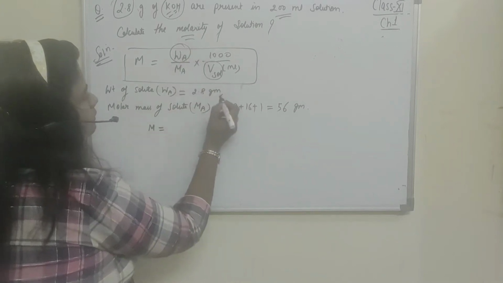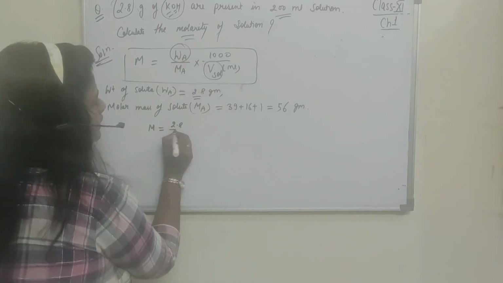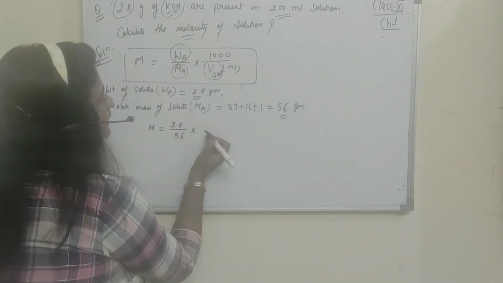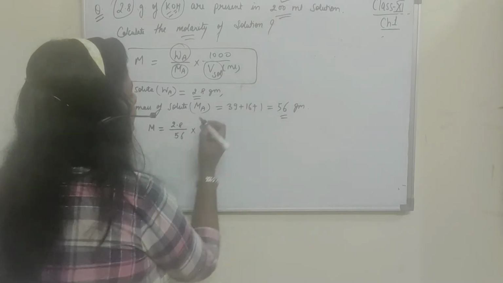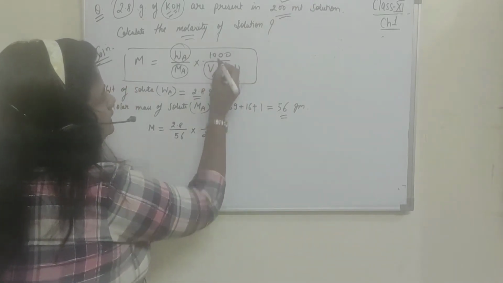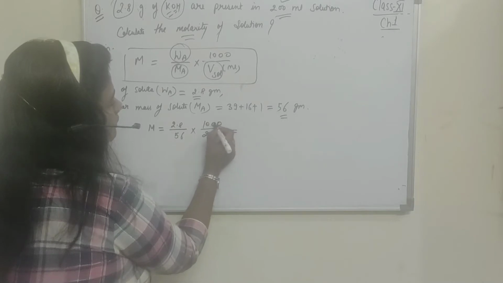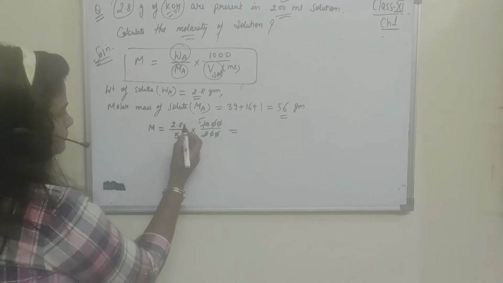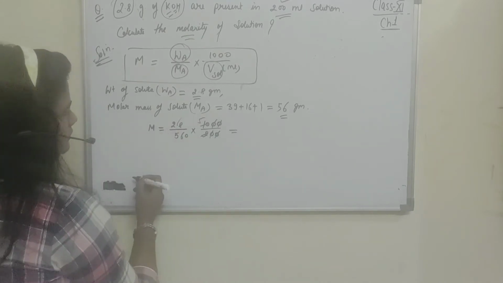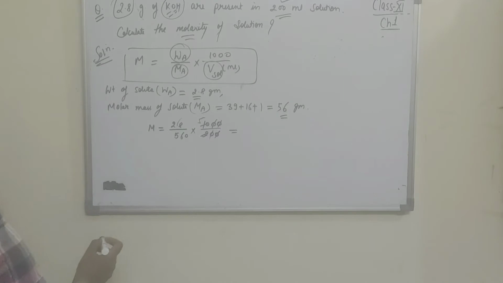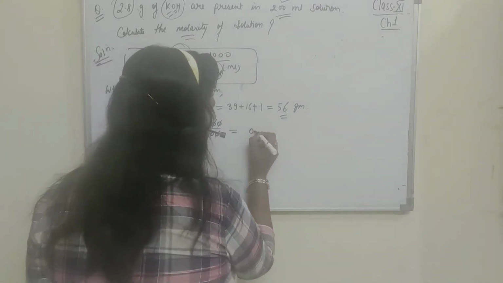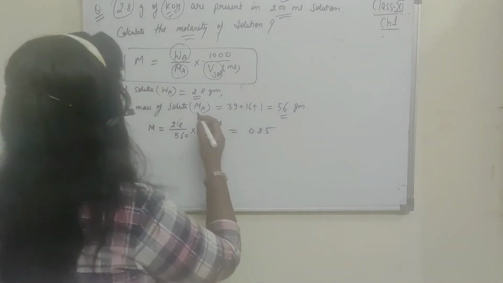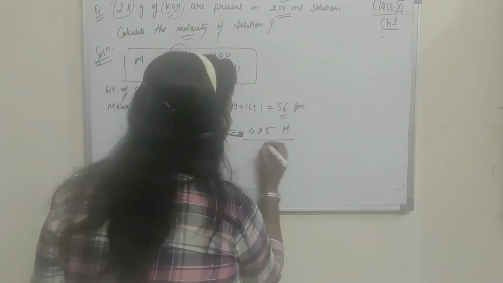So we will write the formula here. Capital M is equal to WA, value is 2.8, divided by MA, which is 56, multiplied by volume of solution, given as 200 ml, and multiplied by 1000. We will calculate it, then the answer will be approximately 0.25, and this is capital M, molar.